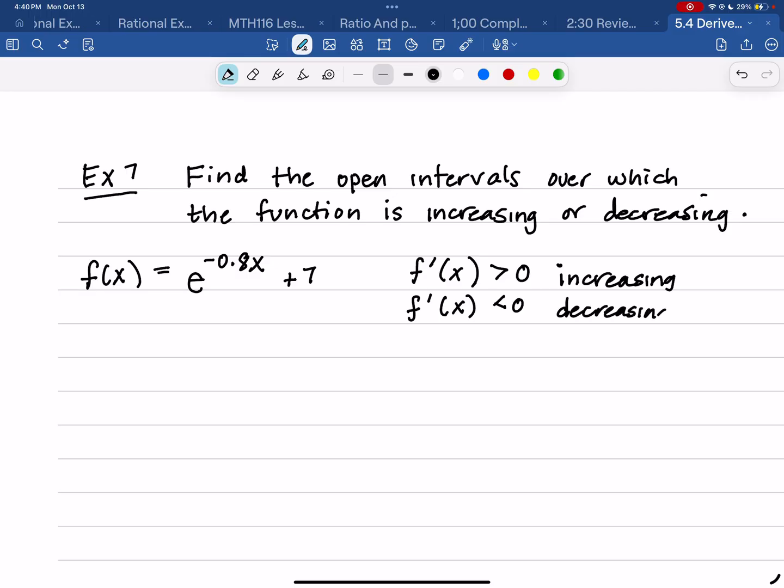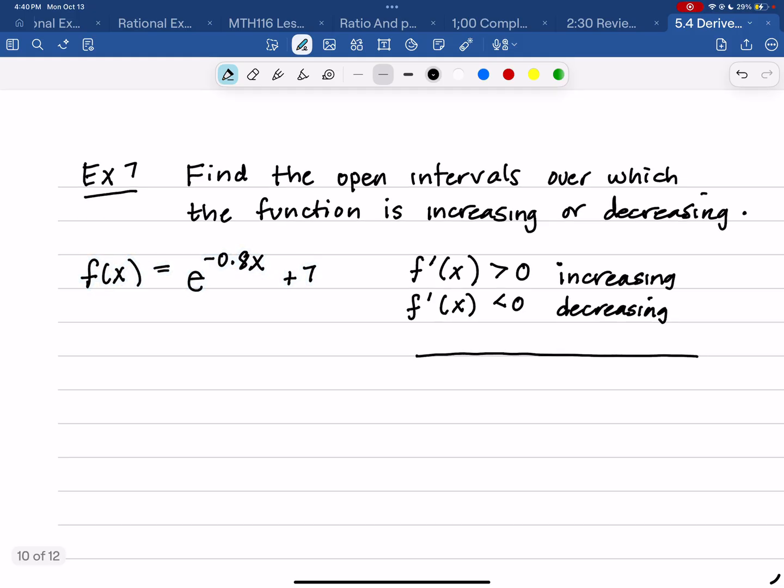Now remember how we do this. We find the derivative, we put the critical numbers and the discontinuities on a number line. Okay? Well, there are not going to be any discontinuities for an e function, because an exponential function, all of them look like this, or they can decrease, look like this. So this is a nice continuous function.